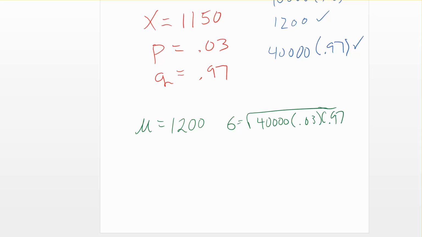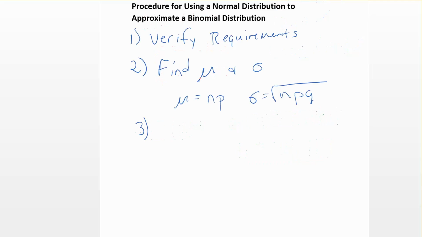And if we punch that into our calculator, we end up with a standard deviation of 34.117. I'm going to leave it in the calculator, but that would be rounded to 3 decimal points. So now we have a mean and a standard deviation that we can use to use our normal concepts.